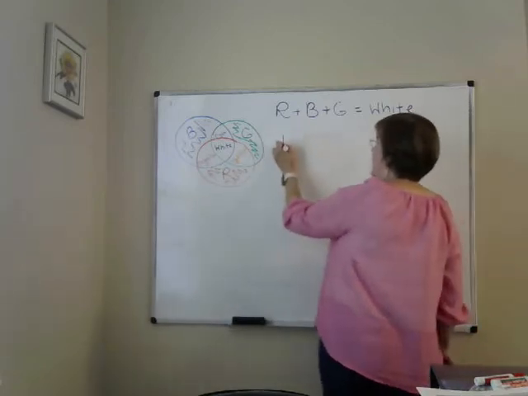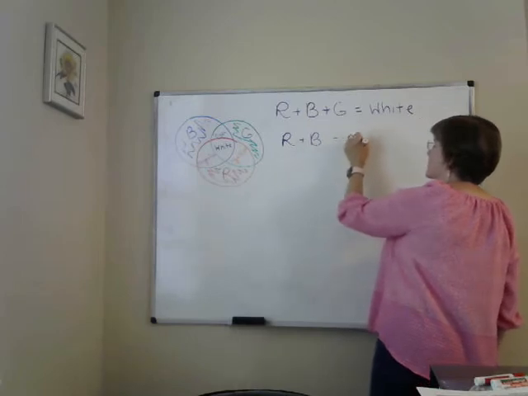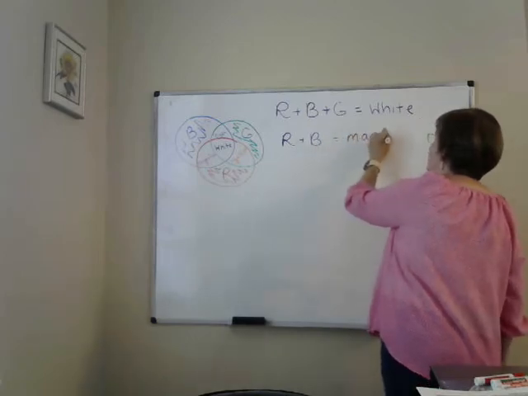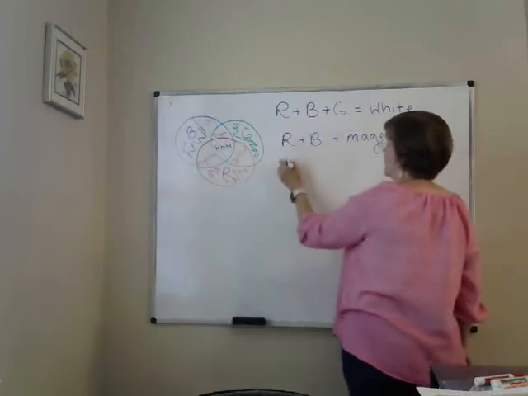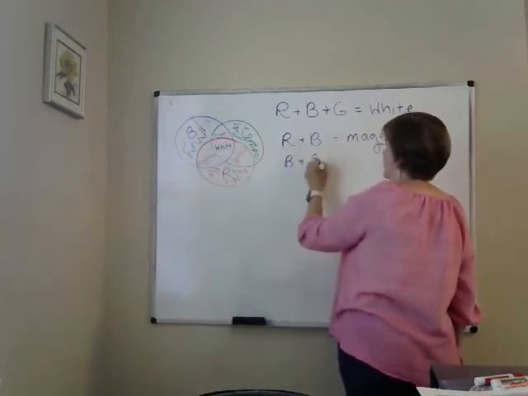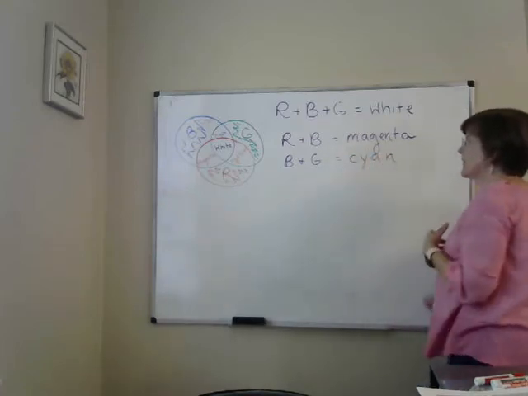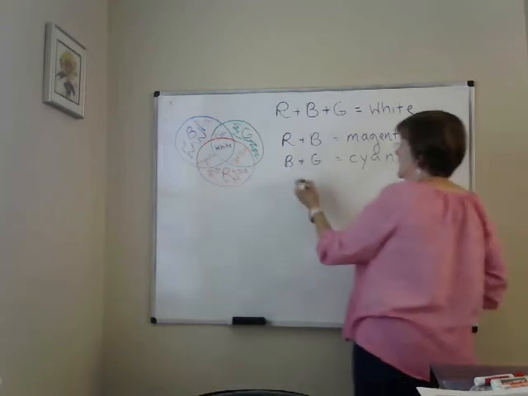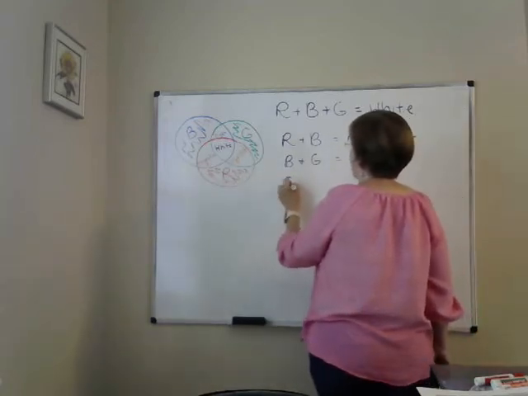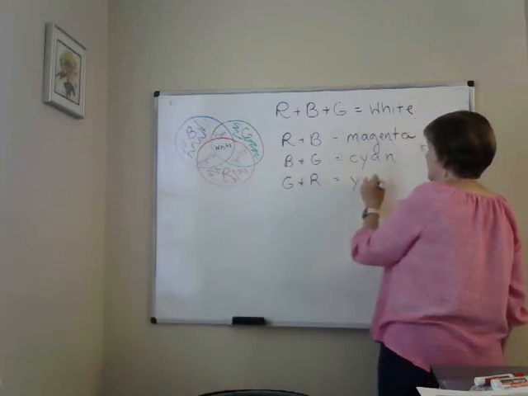If I only add red and blue, I get magenta, that pale pink color. If I add blue and green, I get cyan. That's that very light aqua color, pale blue-green. And if I add green and red, I get yellow.